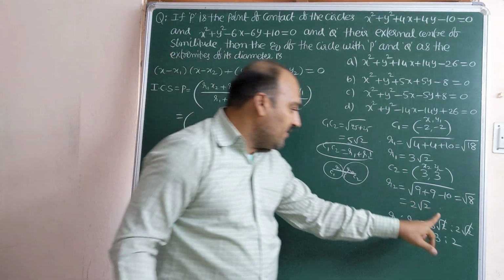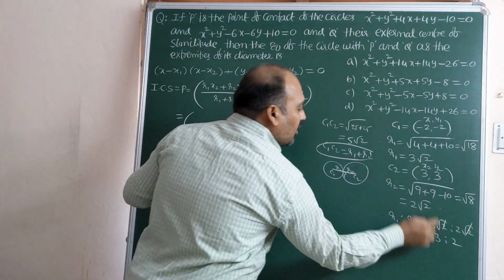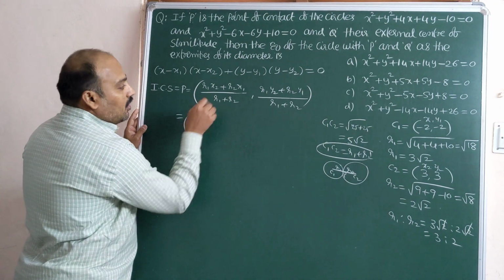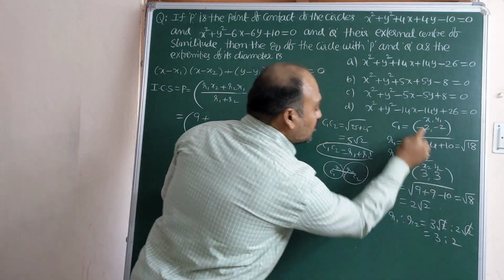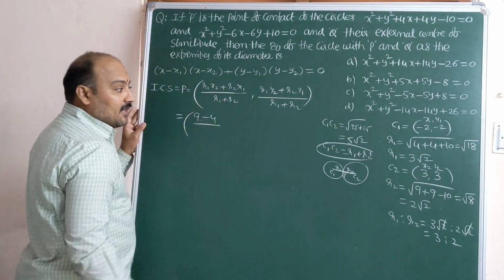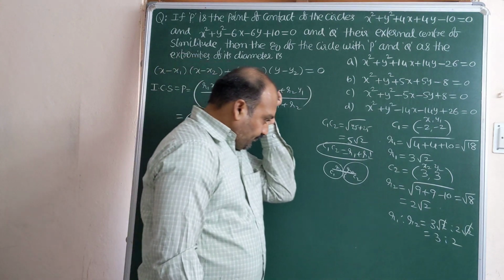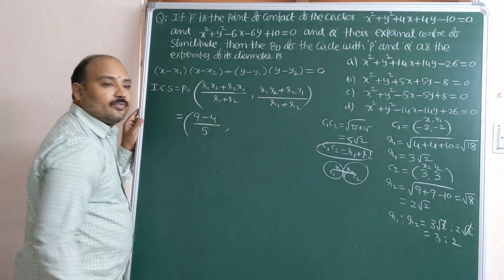R1 x2: R1 value 3 I am taking here, x2 value 3, 3 3s are 9. R2 x1: R2 value 2, x1 value minus 2, 2 2s are minus 4. So 9 minus 4 divided by R1 plus R2, 3 plus 2, 5. Why?